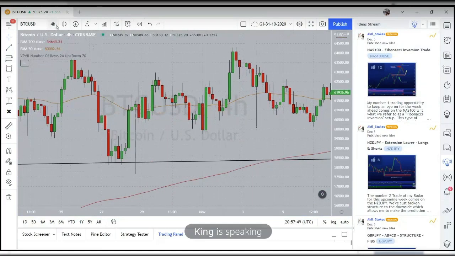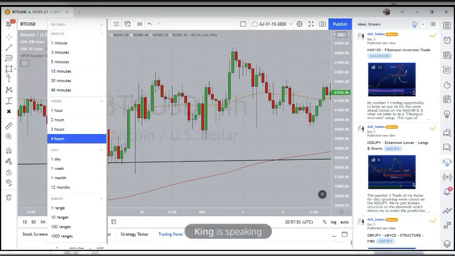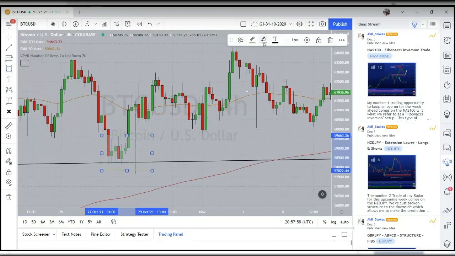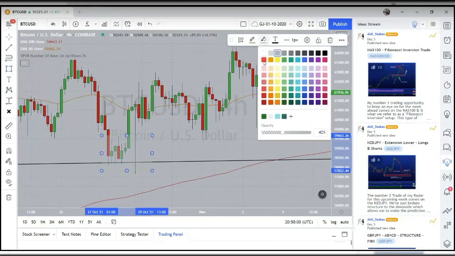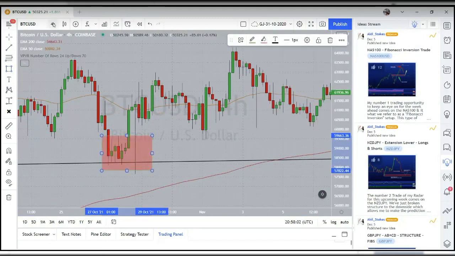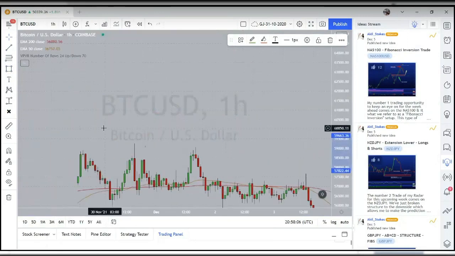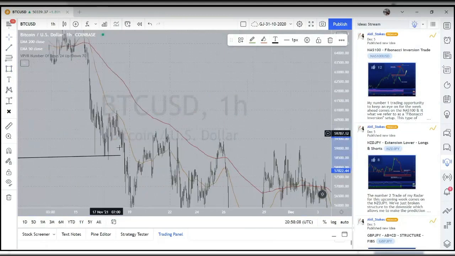So let's look at that on the 1 hourly. If I just highlight this, because I'll lose it otherwise. So go down into the 1 hourly. Just where are we? December.